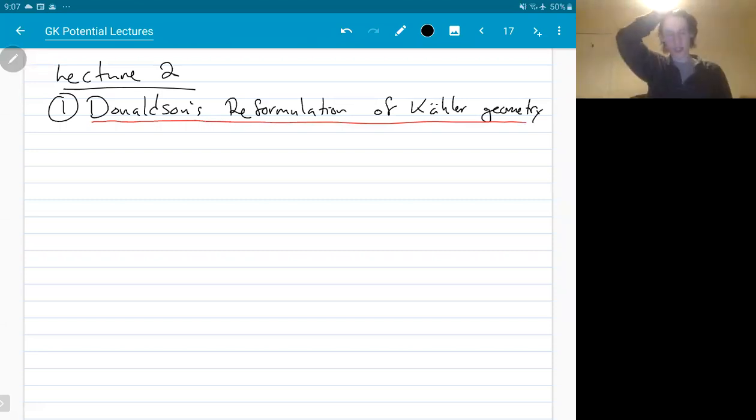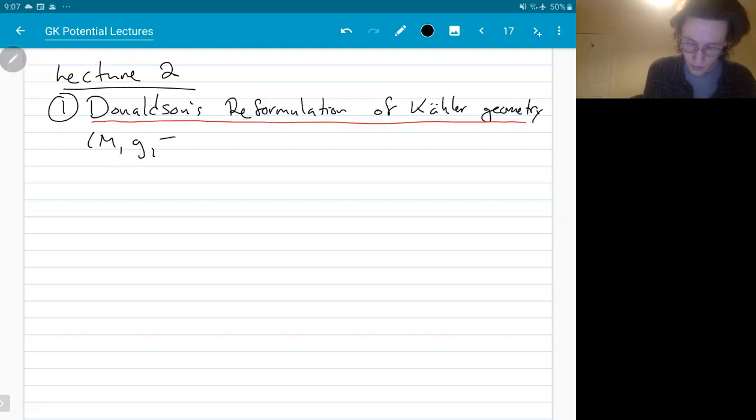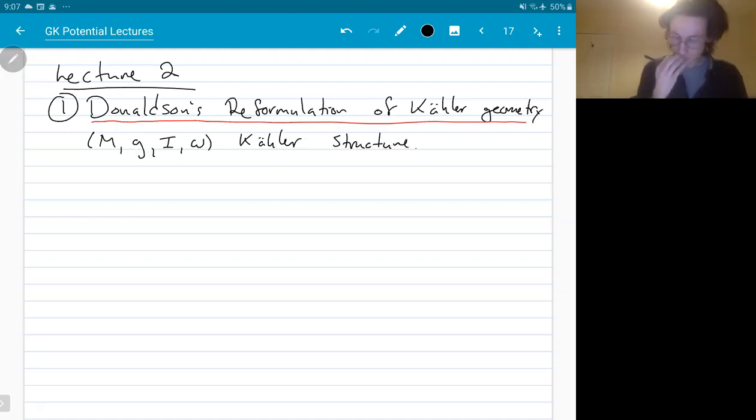So I'm going to summarize a little bit what I said last time, but feel free to ask for clarification if you don't remember. So here we're starting with a Kähler structure. And the basic idea of Donaldson's reformulation is that we can break this up into two things.